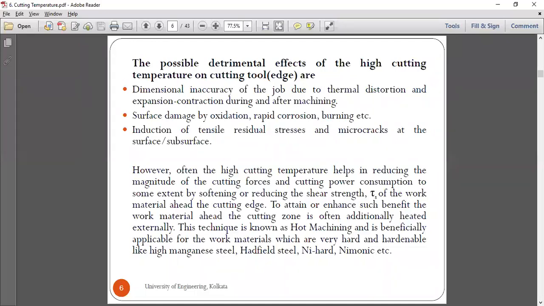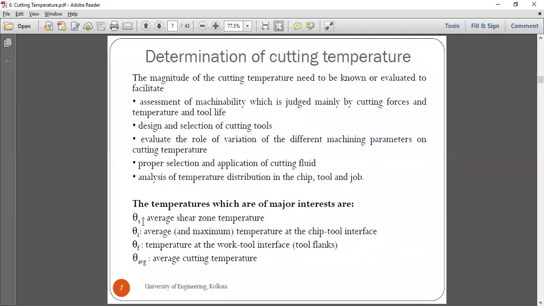So less cutting force can easily cut the material, and also cutting power consumption becomes low in case of higher cutting temperature, right? We also call this technique hot machining, and for very hard materials, this hot machining process can be used.